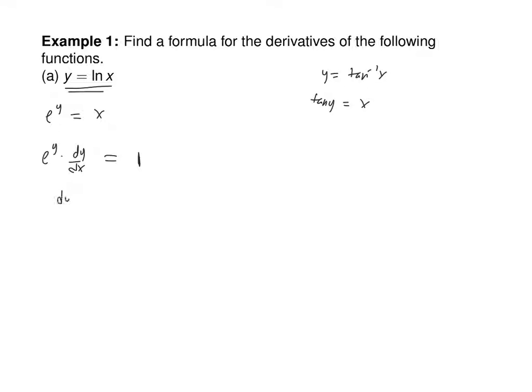So then dy dx is 1 over e to the y, which is 1 over x. Yep. So if I ask, what's the derivative of natural log of x? You say its derivative is 1 over x. And it's the same trick as the previous ones.